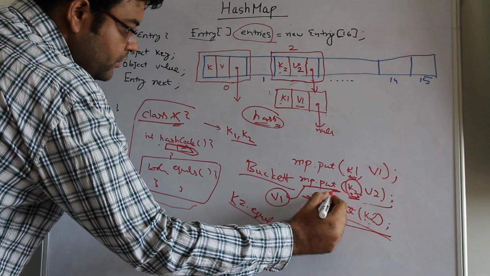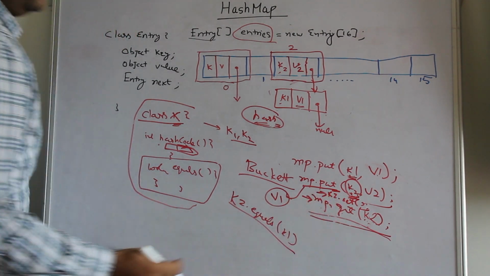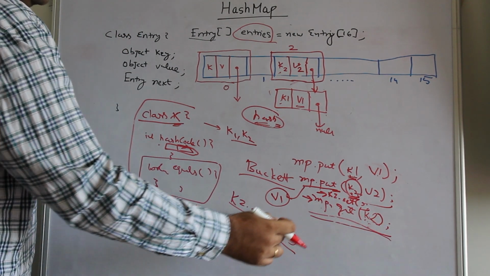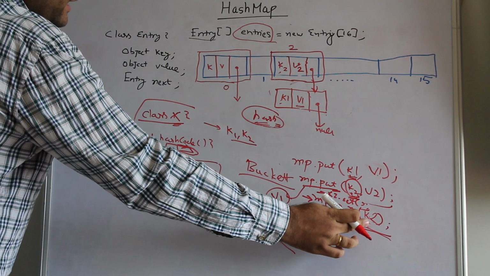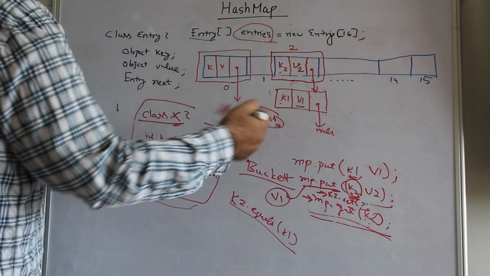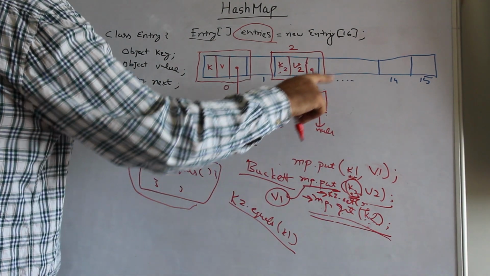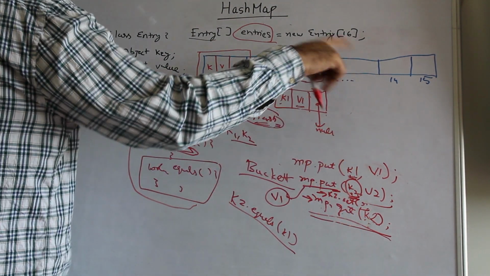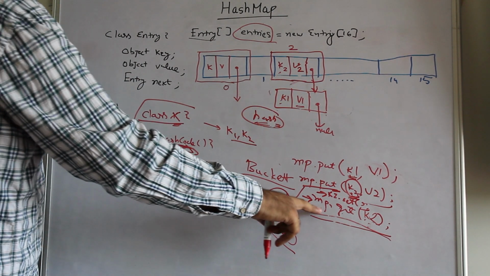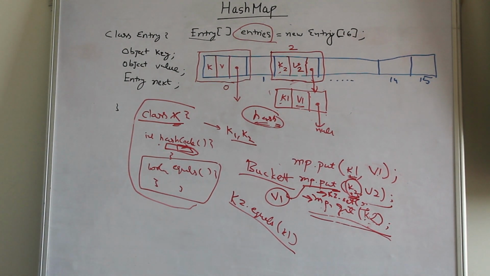In between, you did k2.set something, so due to this it could happen that the hash code of this k2 object has changed. Now if the hash code changed, the bucket location might change, so the hash map will not be able to find this k2 object in some other bucket. That is why it is said that whatever key you put in the hash map should be immutable, so that the hash code and equals remain the same for that key.